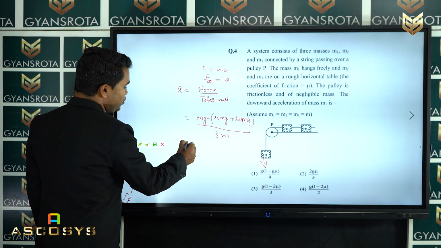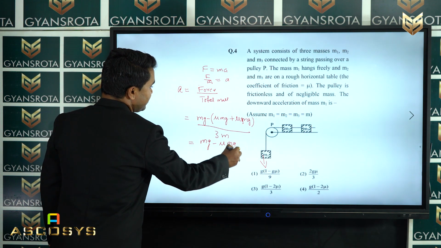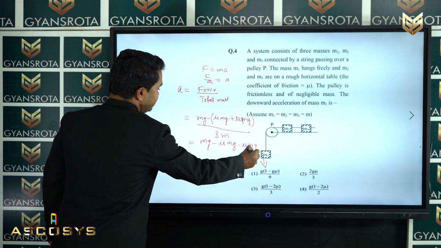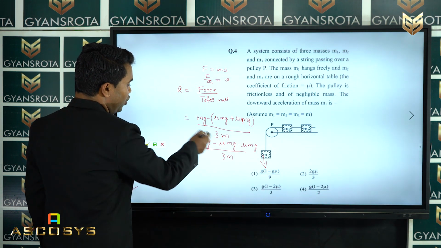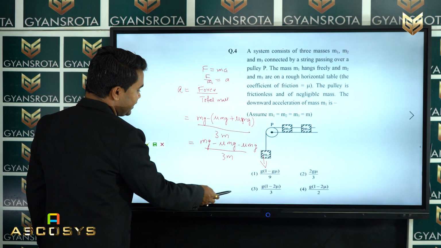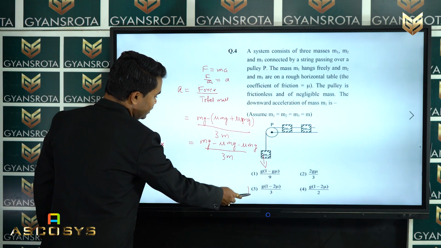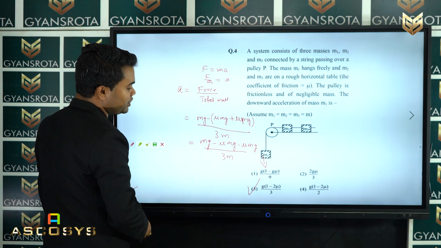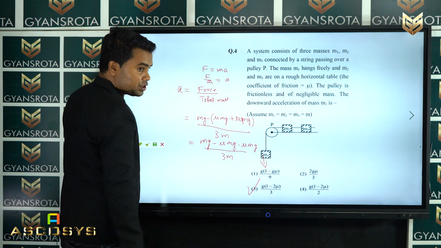So, what you can do here is mg minus mu mg minus mu mg, divided by 3m. If you take m common, m will cancel out, and if you take g common, you will get the final answer as g(1 minus 2 mu) divided by 3. The rest you will solve by yourself, and this is the answer which is coming.